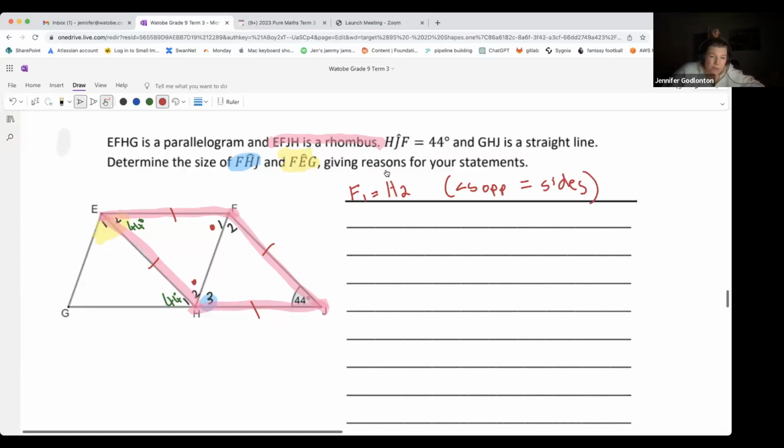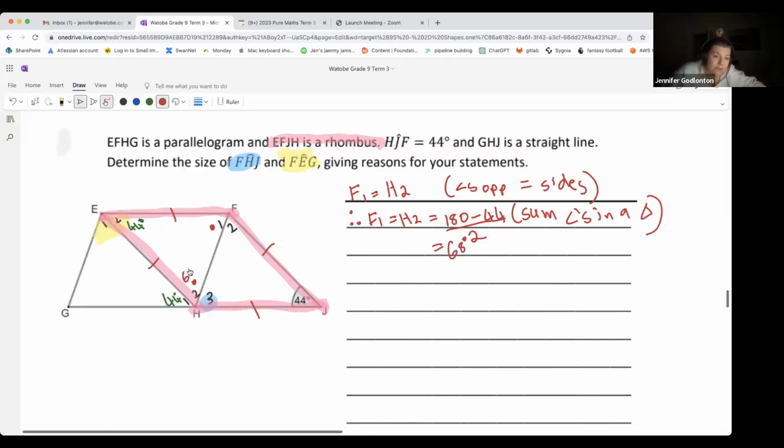Therefore, F1 is equal to H2, which would be equal to 180 minus 44 divided by 2, sum of angles in a triangle. And that would be equal to, I think it was 68.